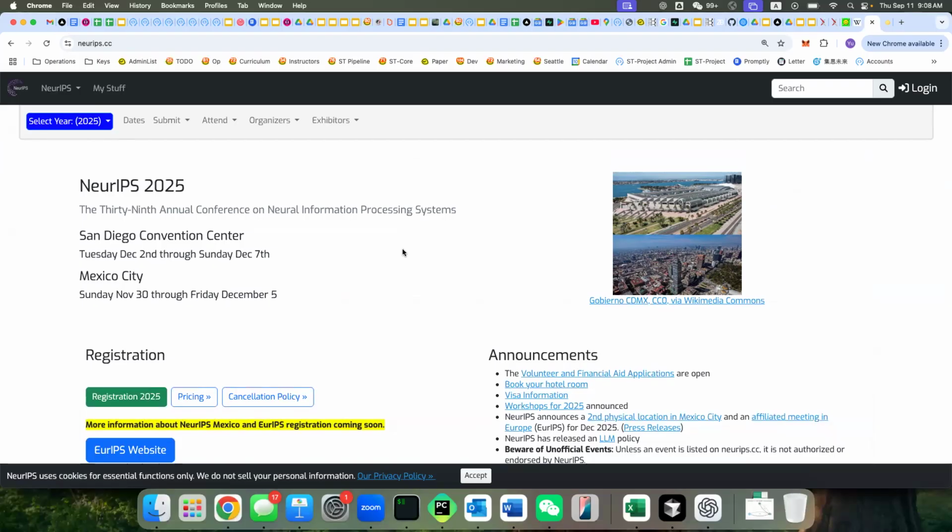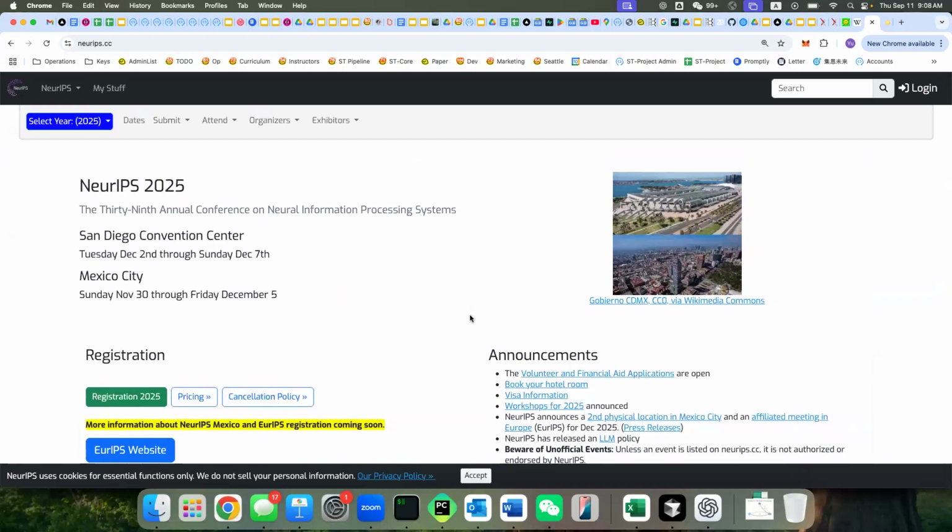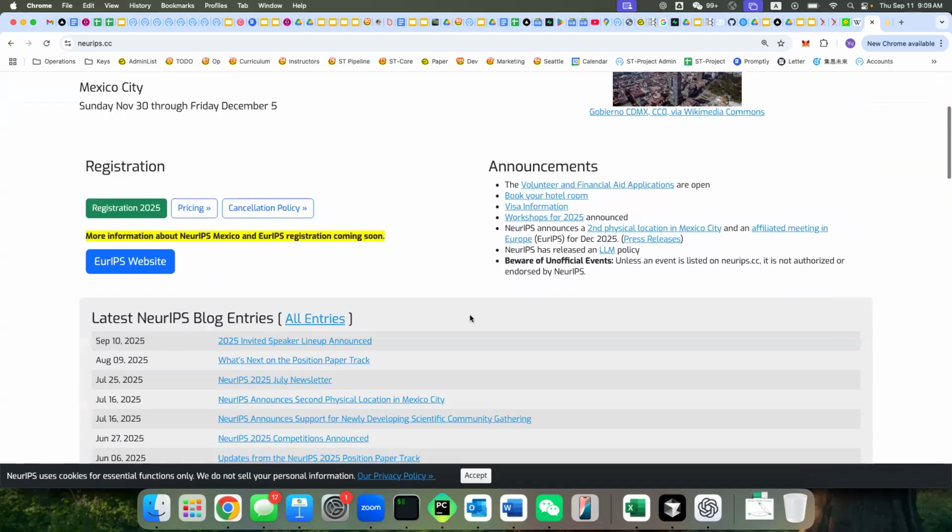In recent years, I think the conference has had over 10,000 people attend. For a conference, that's a very large scale. A lot of previous conferences I went to had mostly 700, 1,000. That's already a lot of people, but this one is way more crowded.